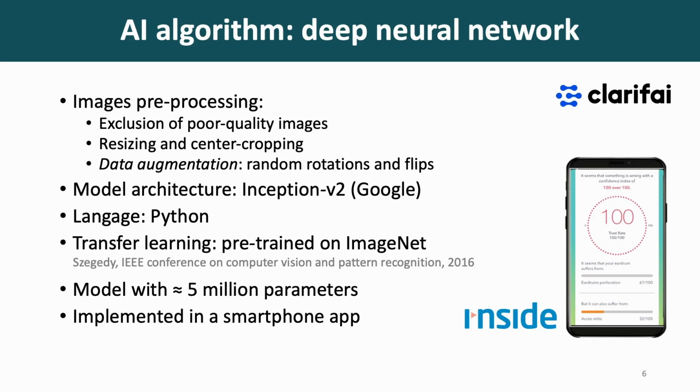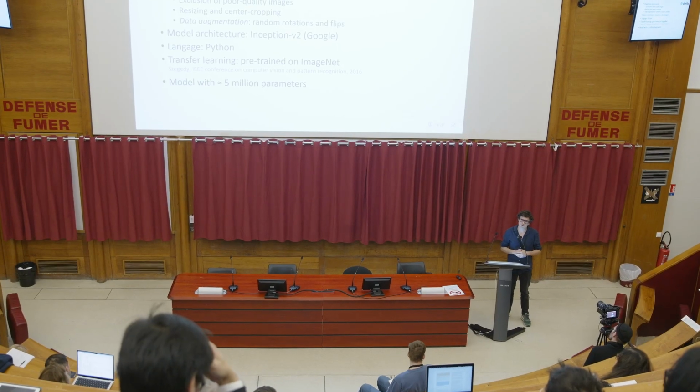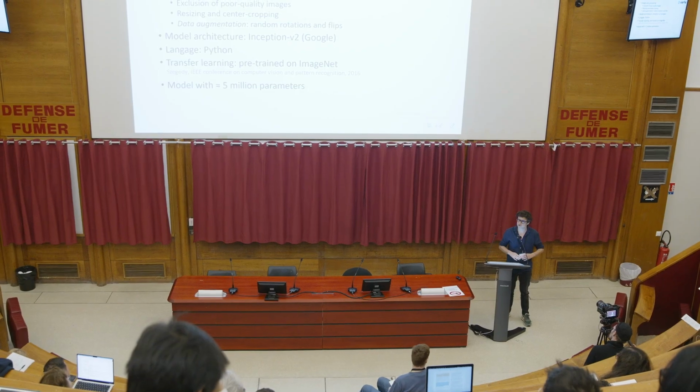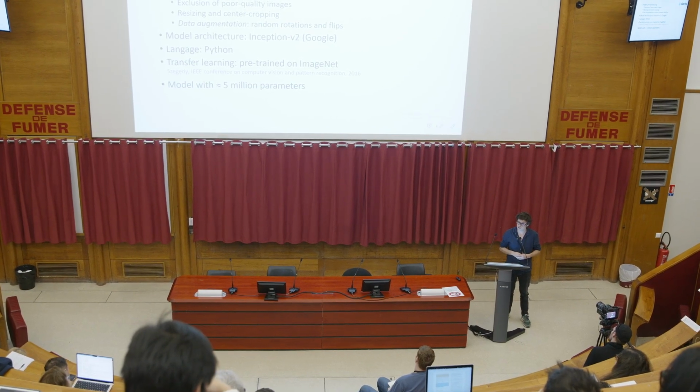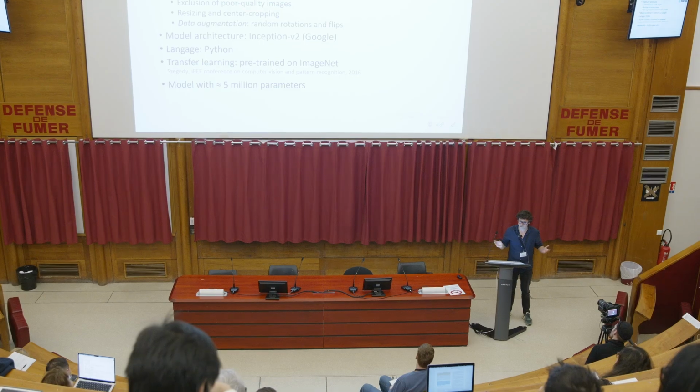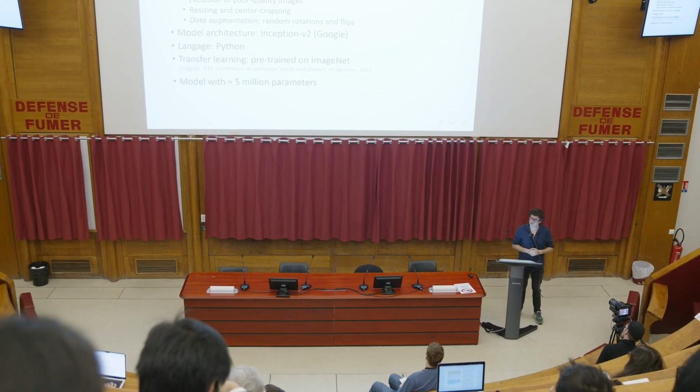First, image pre-processing: exclusion of images of poor quality, resizing and center cropping of images, data augmentation with random rotations and flips. Then we analyzed the data with an architecture that is Inception v2, developed by Google. The programming was done in Python. And as discussed this morning, the model was pre-trained on ImageNet, which is a very large collection of images available on the internet, with hundreds of different classes that are labeled.